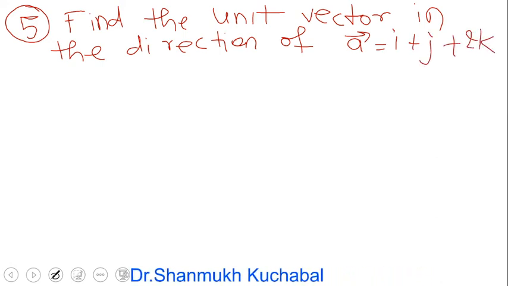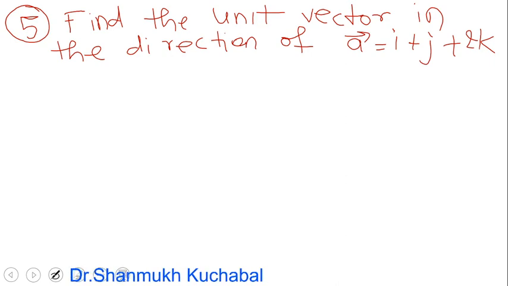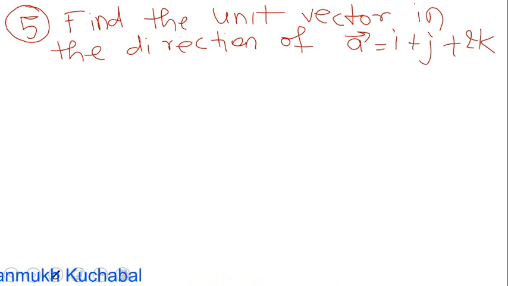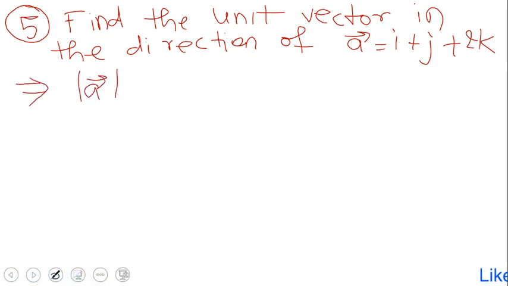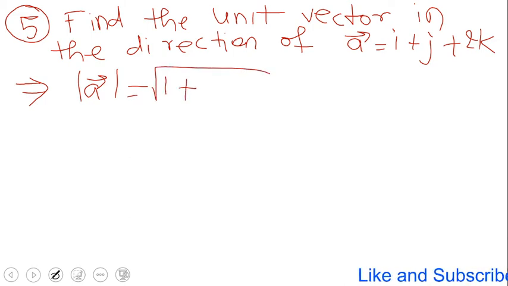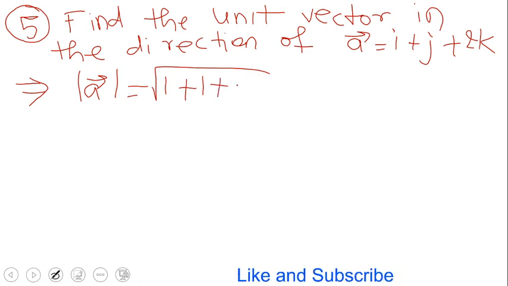So first we will find the magnitude. The magnitude is the square root of 1 squared, which is 1, plus 1 squared, which is 1, plus 2 squared, which is 4.